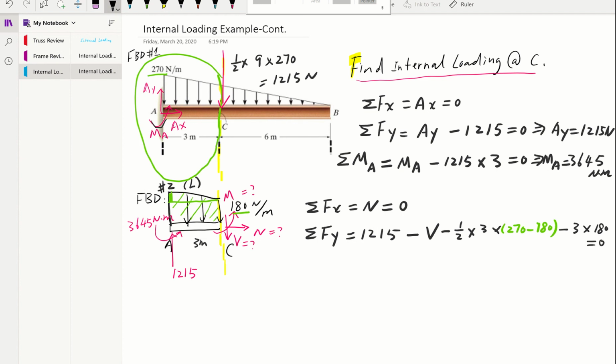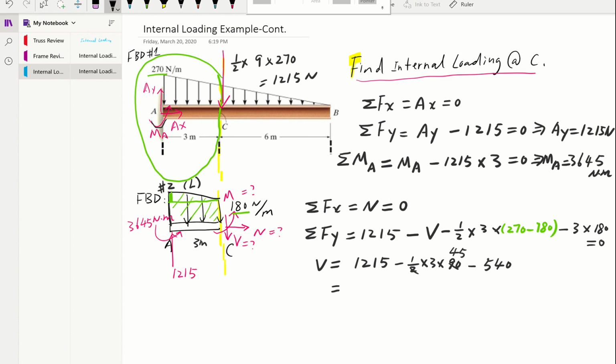Now let's take a look. Solving V, V will be equal to 1215 minus half times 3 times 90 minus 3 times 180, which gives us 540. Let's continue to solve that.